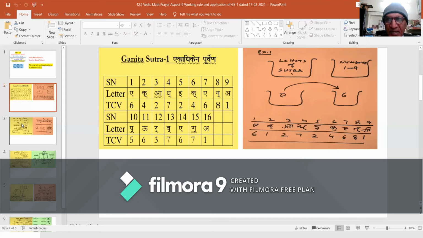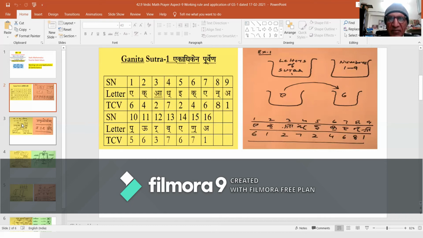16 numbers values range. On the computer screen, the first row is giving the serial numbers of the letters. Second row is giving the letters as per their sequential placements.